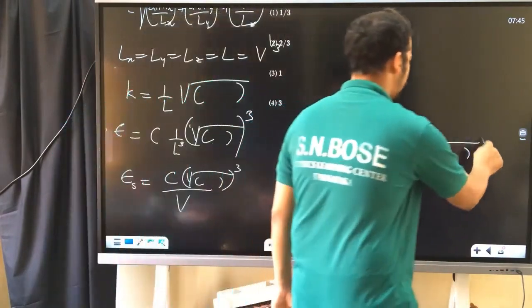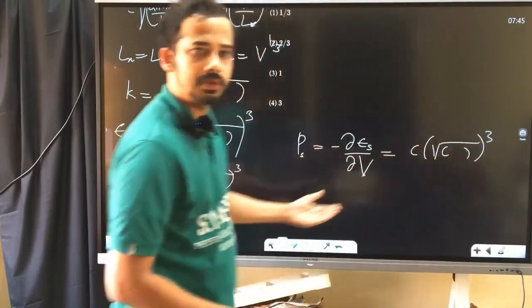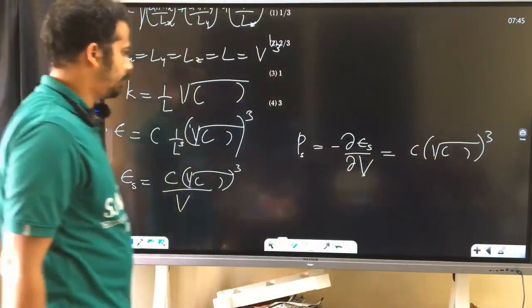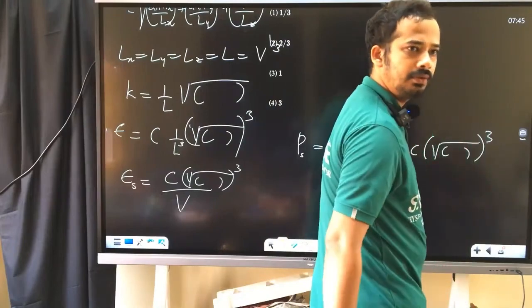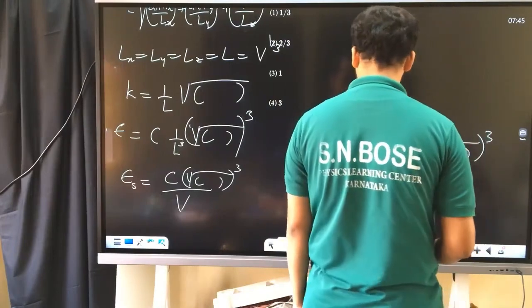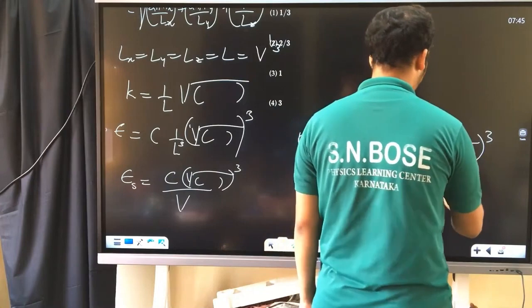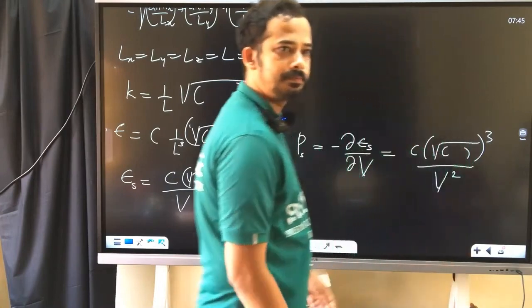This will not contain volume. Volume term we have taken outside. What is this one? 1 by V minus 1 by V square. Am I right? Minus minus plus 1 by V square, isn't it?